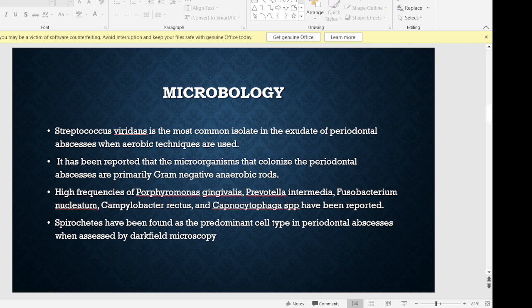High frequencies of Porphyromonas gingivalis, Prevotella intermedia, Fusobacterium nucleatum, Campylobacter rectus, and Capnocytophaga species have been reported. Spirochetes have been found as a predominant cell type in periodontal abscesses when assessed by dark field microscopy.